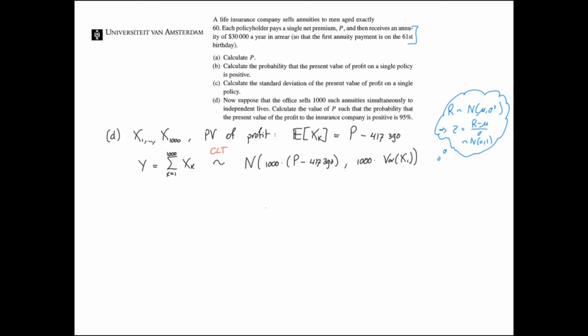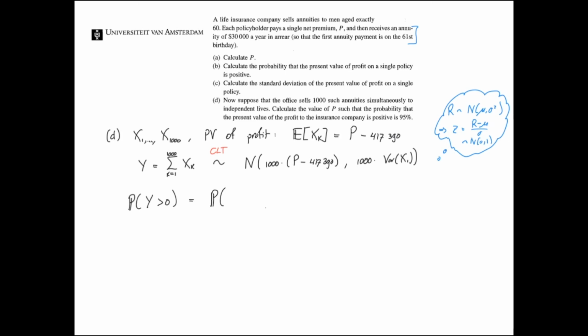So now we want to compute the value p such that the probability of profit is exactly 95%. To do that, we need to compute the probability that y is simply positive.